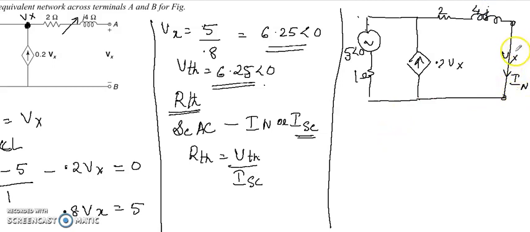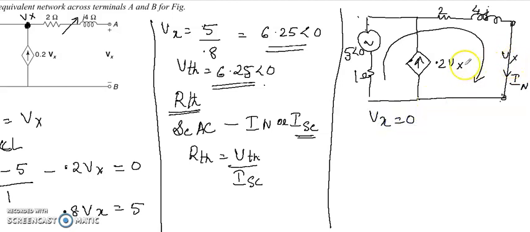Here we can take a super mesh equation to find IN, or we can say one more thing. Since there is no resistance across this path and IN is the current flowing through this branch, the potential across these two terminals is 0. Since there is no resistance in this path, the current is flowing freely. Therefore there is no potential drop across this branch. We know that Vx is the voltage here, therefore we can tell Vx is equal to 0.